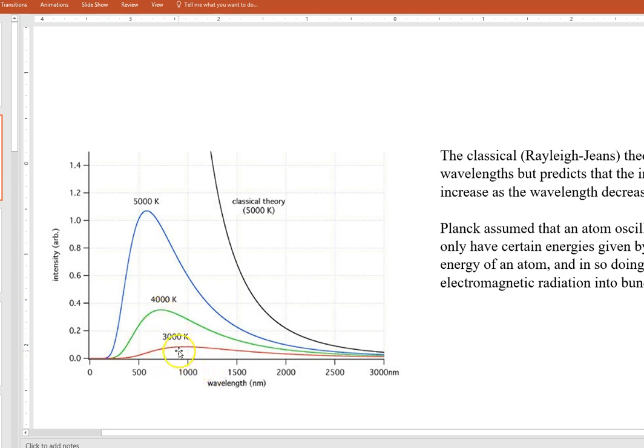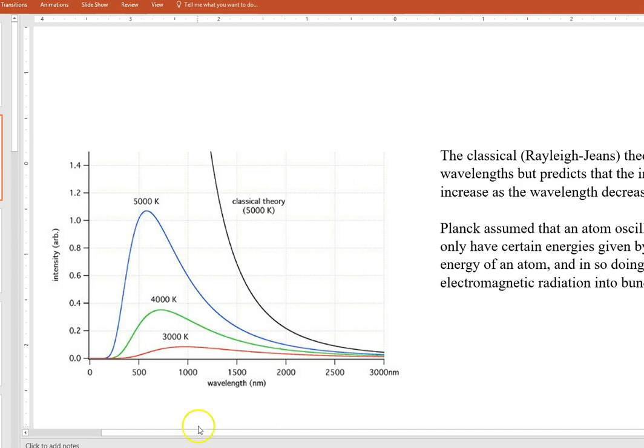See, the peak of the 3,000 K is out here, maybe between 900 and 1,000 nanometers. For 4,000 K, that peak has shifted down to maybe 750 nanometers. For 5,000 K, that peak has shifted down even more in wavelength.